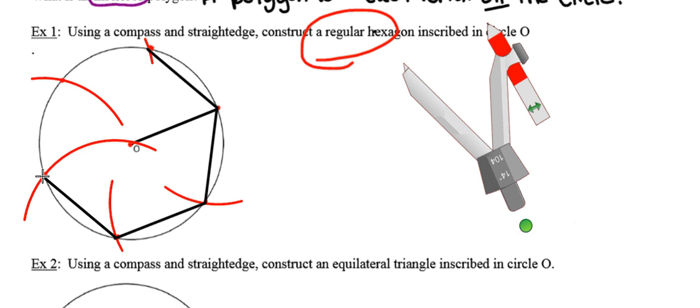And now there's your regular hexagon. Again, I think some really neat stuff going on here. All right, so there's your beautiful regular hexagon.